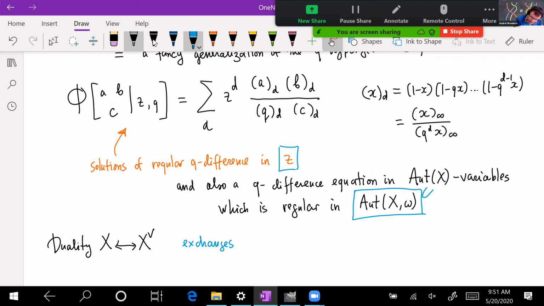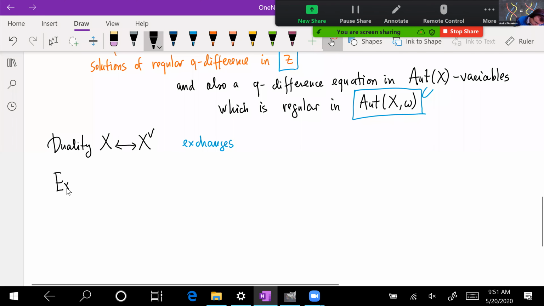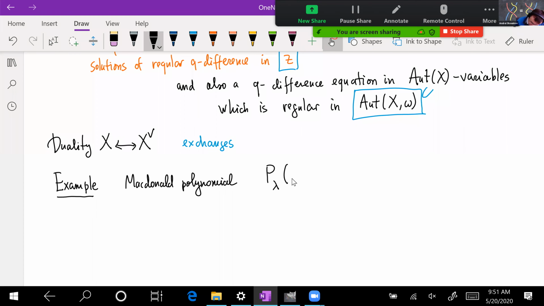So, an example, where you might have seen this before: if I take a Macdonald polynomial, P lambda of X, depending on some variables Q and T. So this is a terminating case.